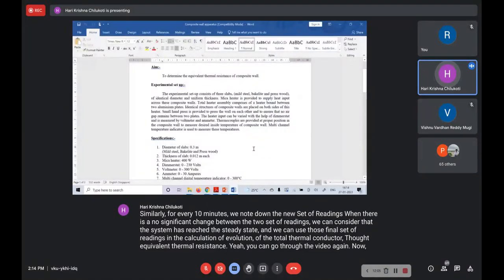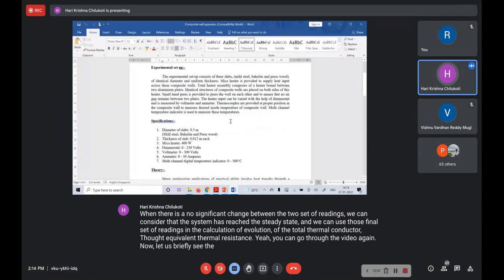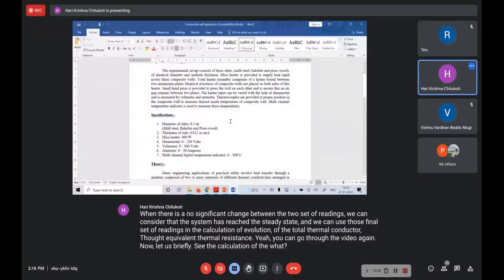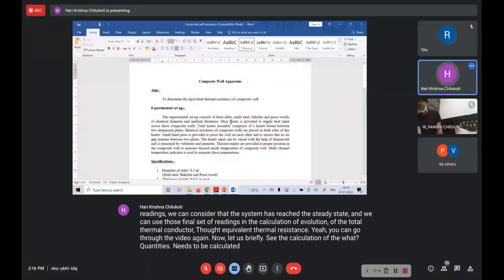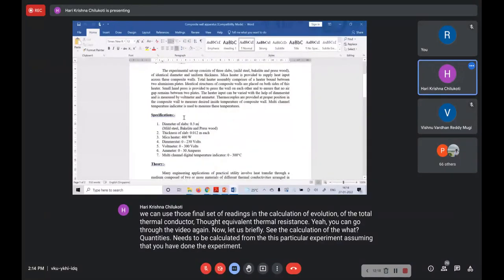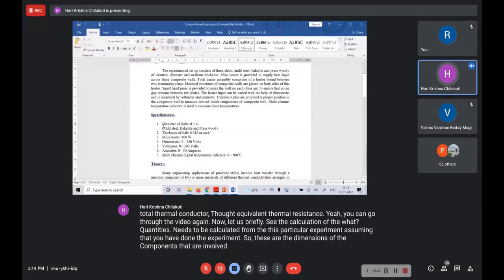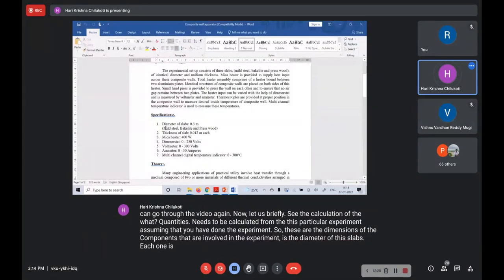Now let us briefly see the calculation, what quantities need to be calculated from this particular experiment, assuming that you have done the experiment. So these are the dimensions of the components that are involved in the experiment. This is the diameter of the slabs. Each one is 0.3 meters, and there are three types of materials being used.